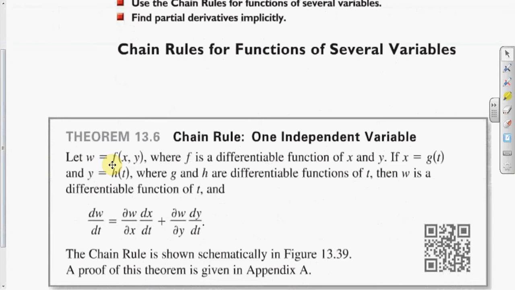So X is equal to G of T, times the derivative of X with respect to T. Now W also depends on Y. X and Y both have a T in them, so plus the partial of W with respect to Y. Within Y, there's a T variable, so then the derivative of Y with respect to T. Okay.